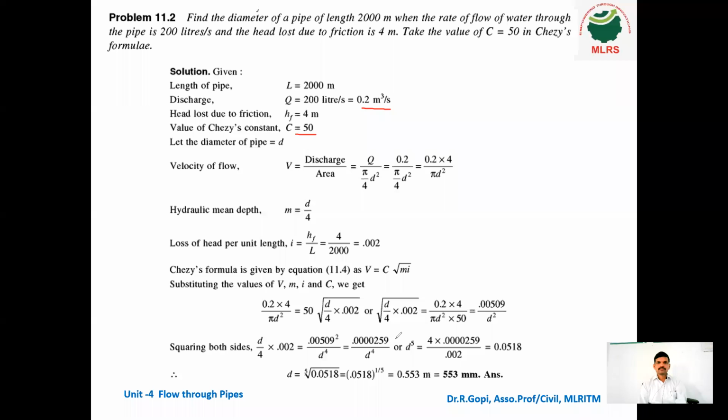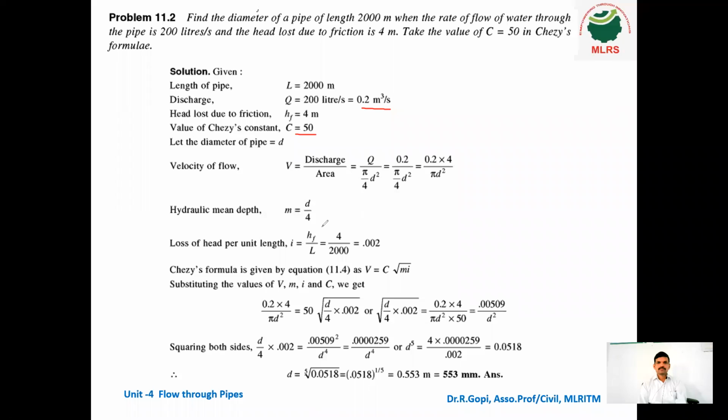Now we have to calculate the velocity of flow, because only discharge is given.